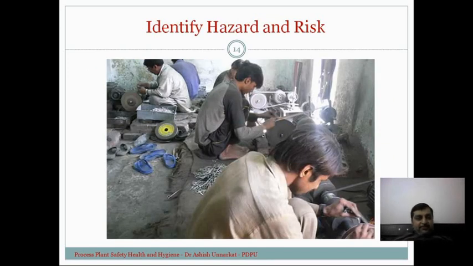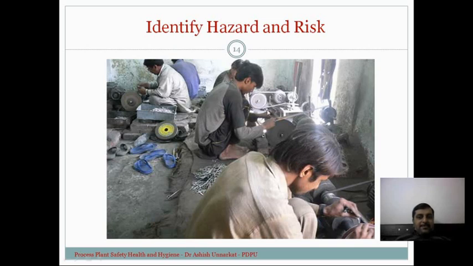Can you identify the hazard and the risk, what it can be in this? These are all laborers who are working on some of our rotating equipment, sharpening some of the metal pieces. If you look carefully, there are no PPEs, no goggles, bare hands, and the area doesn't look good.